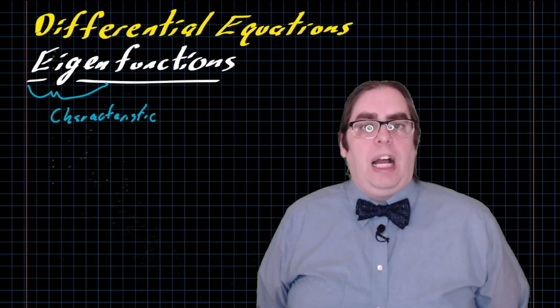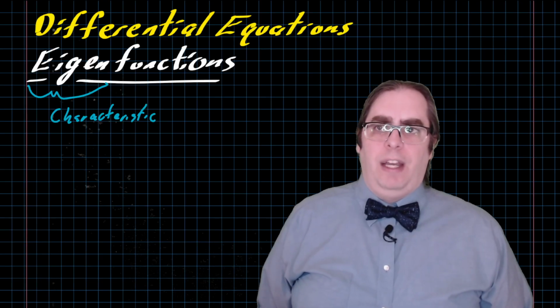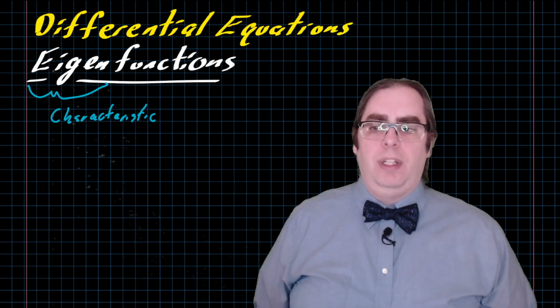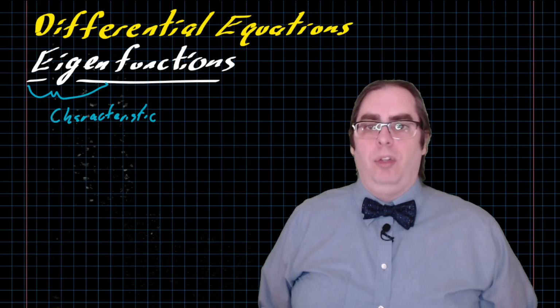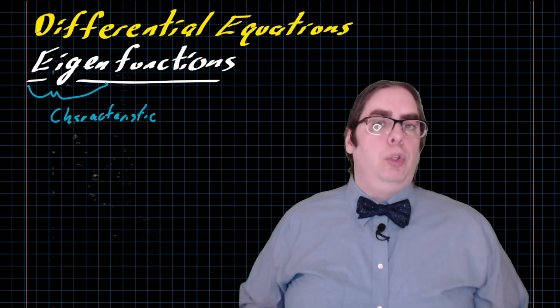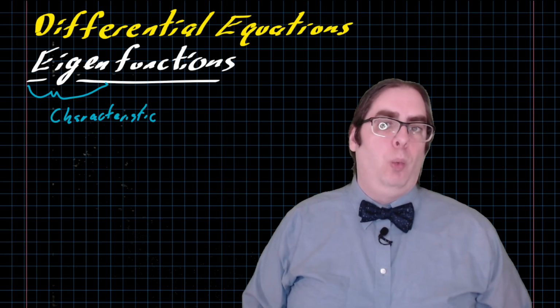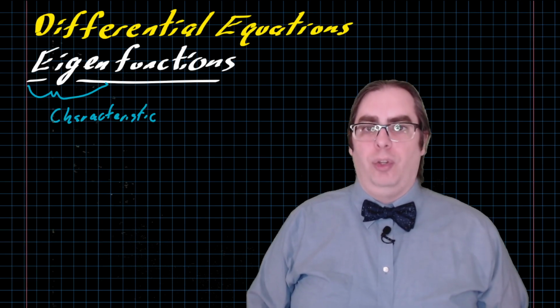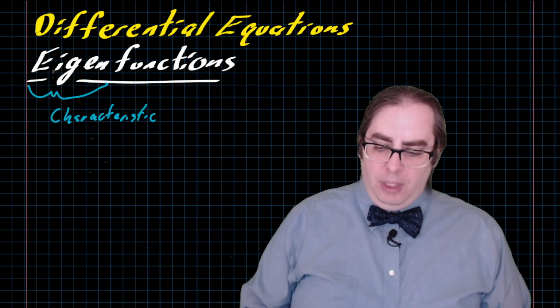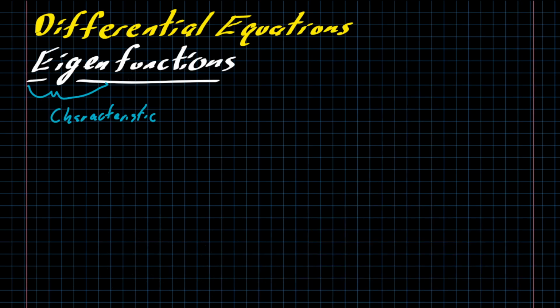They describe the character of the boundary value problem. And in fact, very specifically, the eigenvalues that are associated with each of those eigenfunctions tell you how you can write the boundary value problem in such a way that it will have a solution.